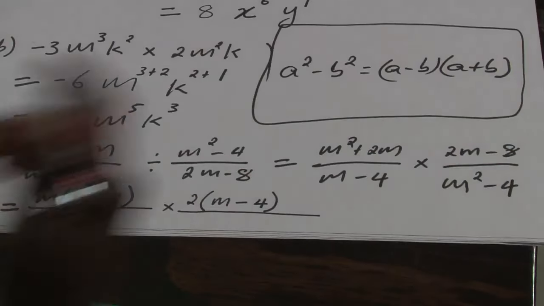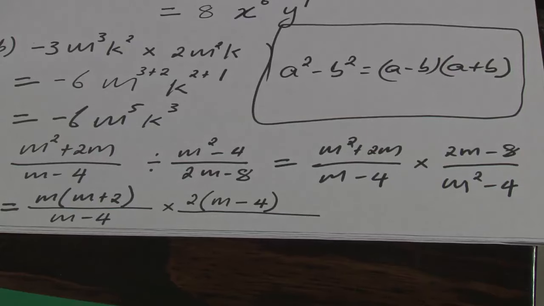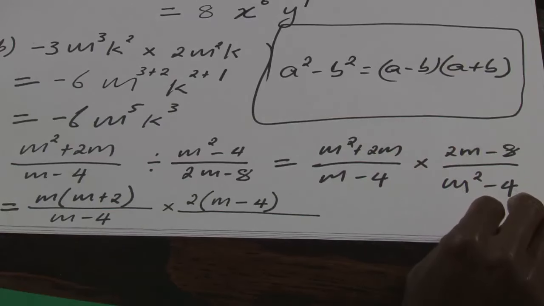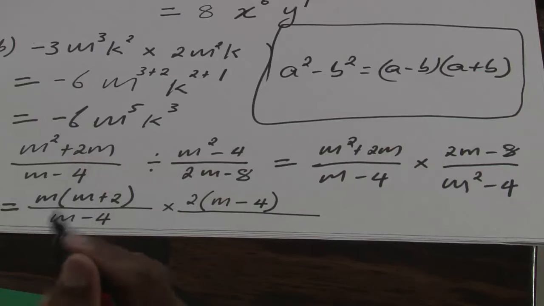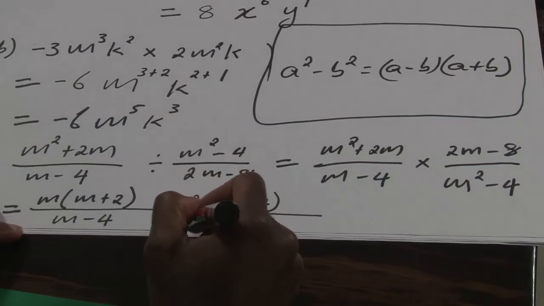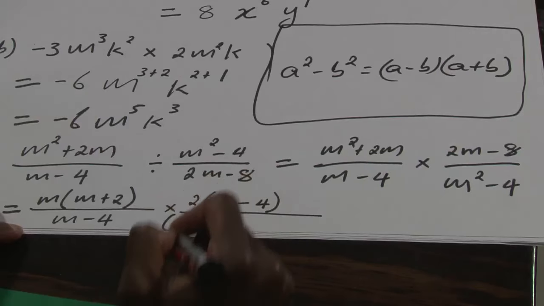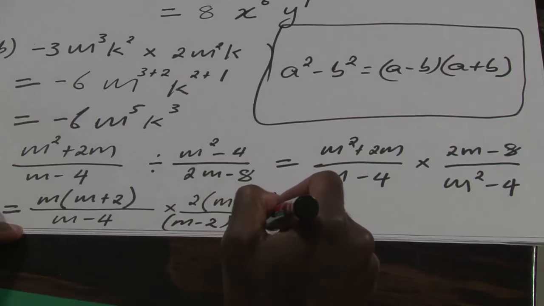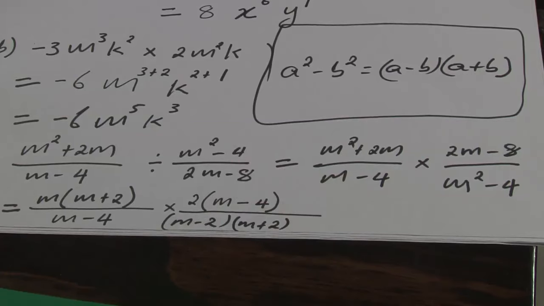So in this case our a is m and our b is 2, because 4 is 2 squared, and therefore we have m minus 2 and m plus 2.